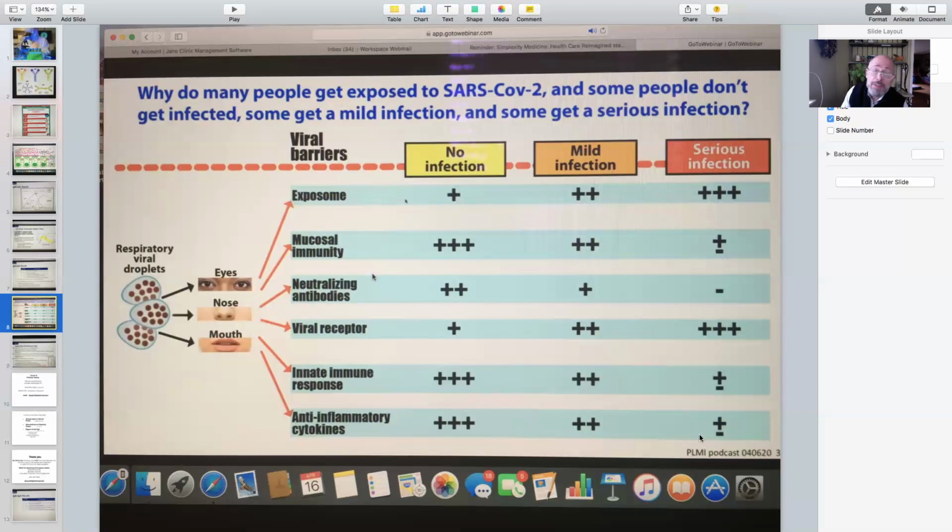So the good news here is that all of these systems are under our control to a lot of degree. Proper testing, proper intervention, proper choices dietary-wise, and taking the right products to support our balanced immune system can make a huge difference between whether we get infected, and if so, how severe or mild that infection is going to be.